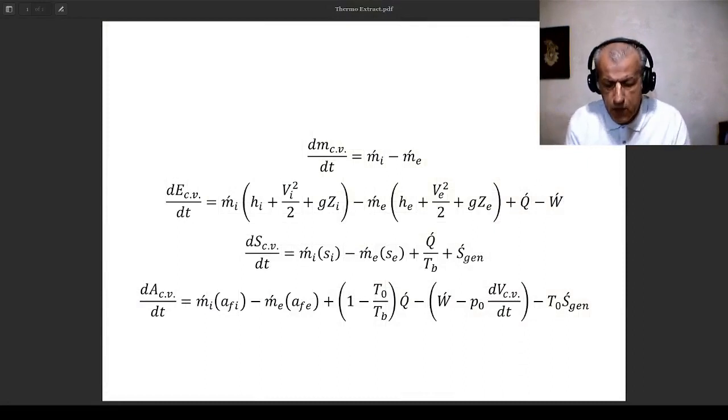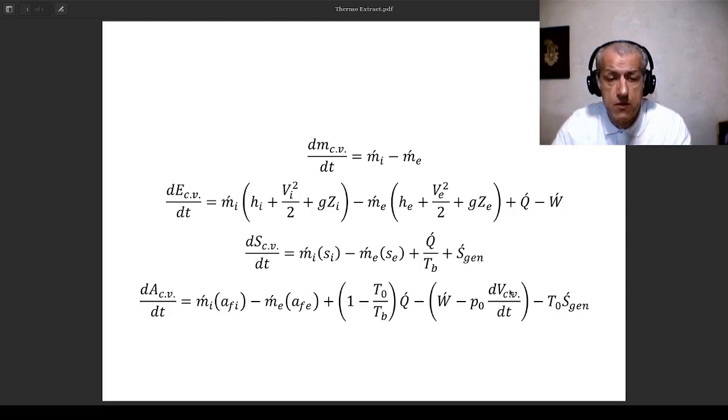You see, if I write down the original form of the equation, it tells me that the change of availability within the control volume equals the change of availability between incoming and outgoing mass, the availability transfer with heat transfer, availability transfer with work, and change of volume, and also irreversibilities. And what we have in the isothermal process is that we have assumed that to be reversible, so this term vanishes.